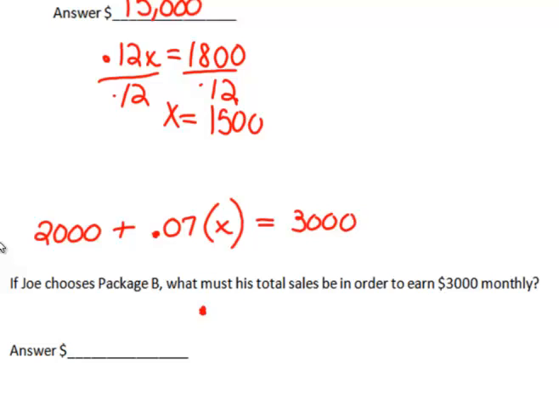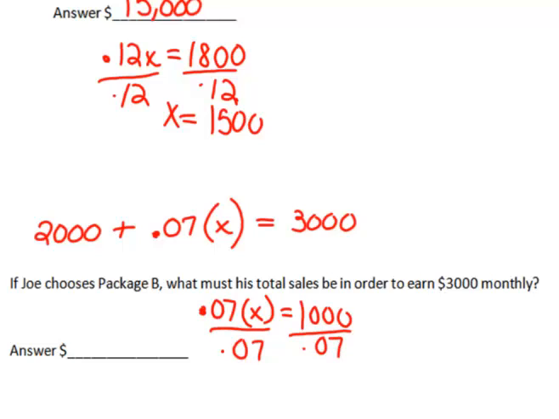So I'm going to subtract 2,000 from both sides, and when I do that, I come up with 0.07X equals 1,000. Divide both sides by 0.07. And I find out that in order to make $3,000 a month, Joe's monthly sales have to be around $14,285.71. Okay?